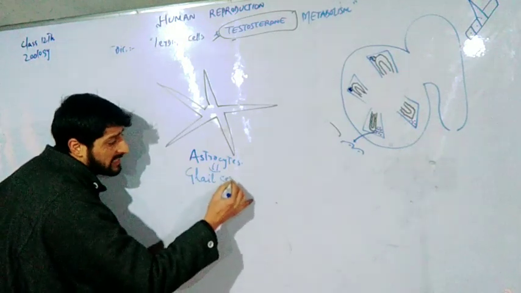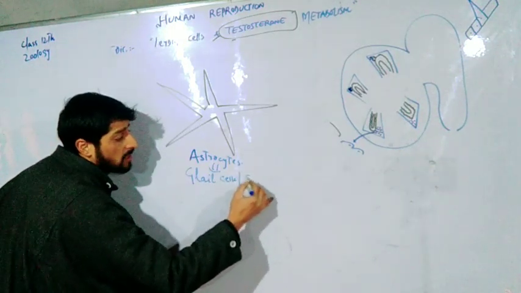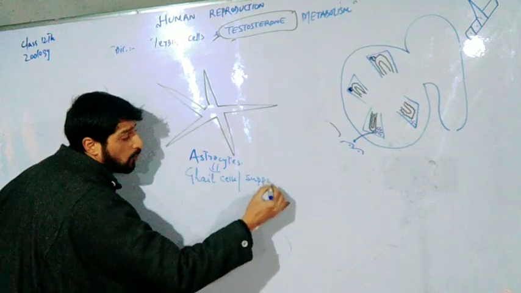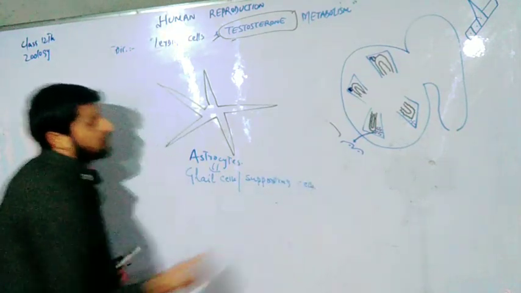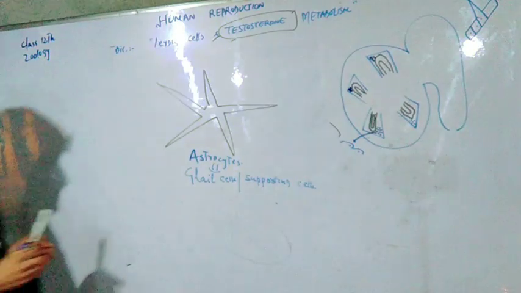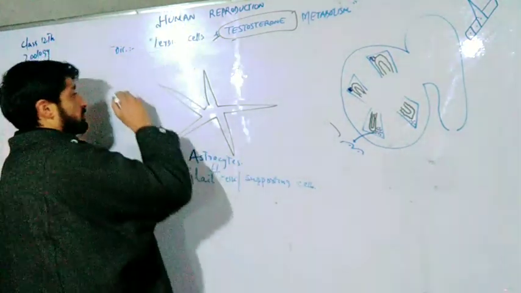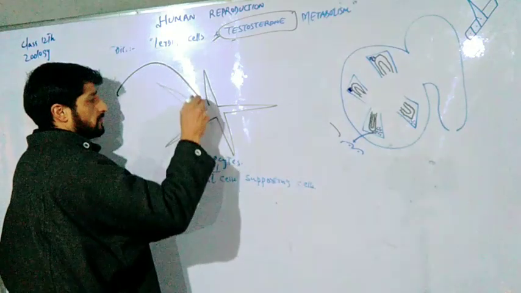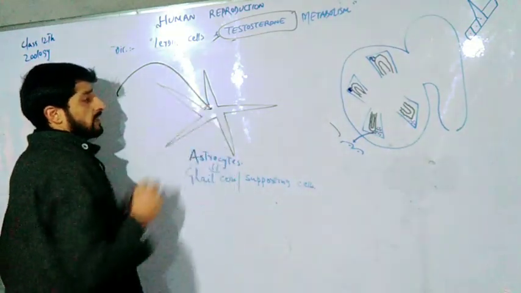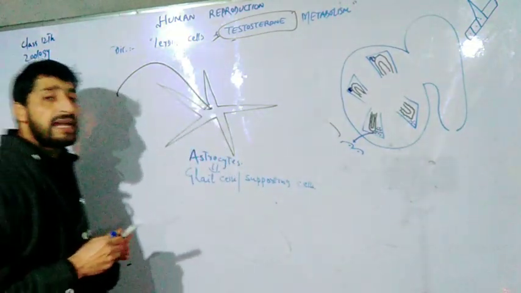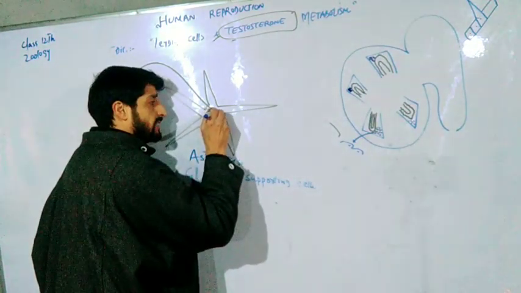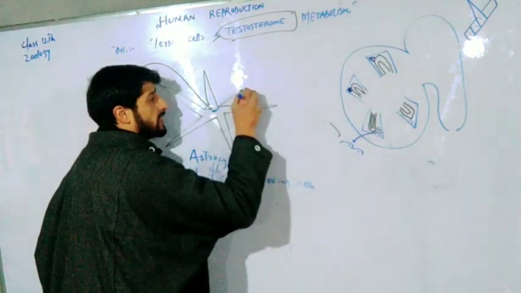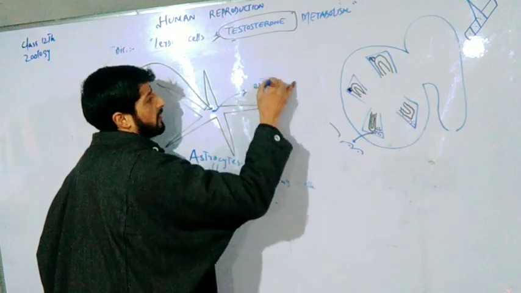You have studied in class 11th, glial cells, or they are also known as supporting cells. So part of testosterone enters into the glial cells. In the glial cells, testosterone is converted to estrogen, estradiol.